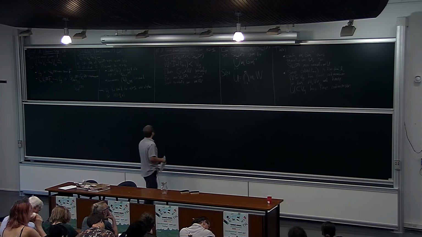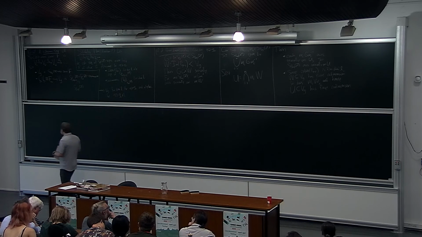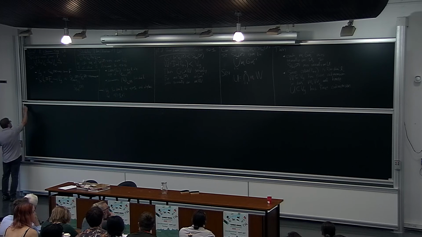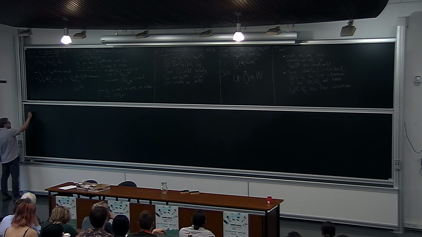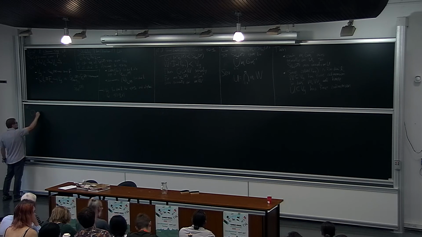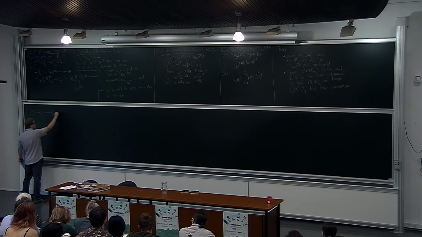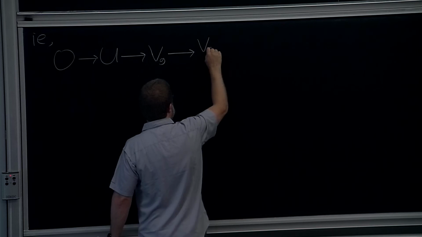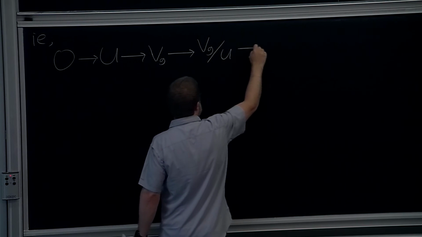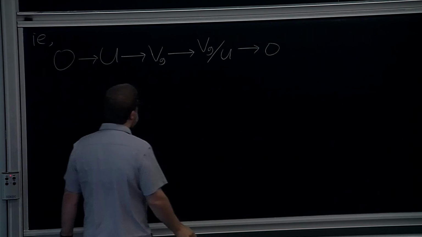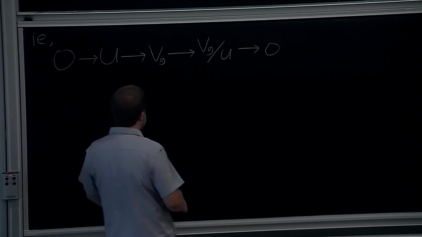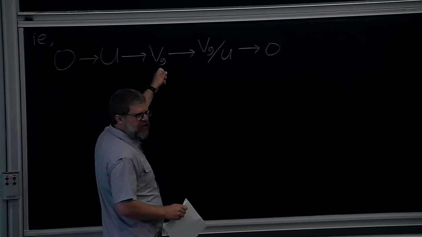So what happens now? Well, we have a short exact sequence: 0 goes to U, goes to V_g, goes to V_g mod U, goes to 0. What we want to show is that V_g has finite dimension.